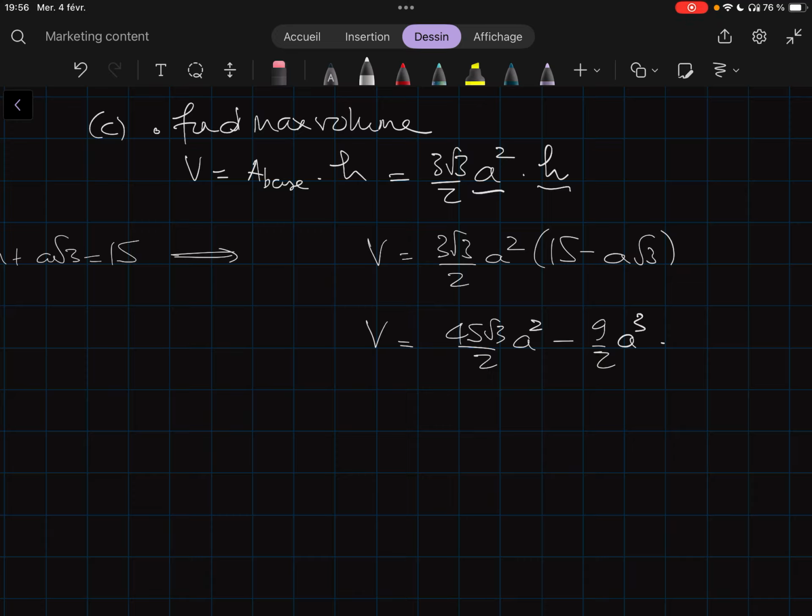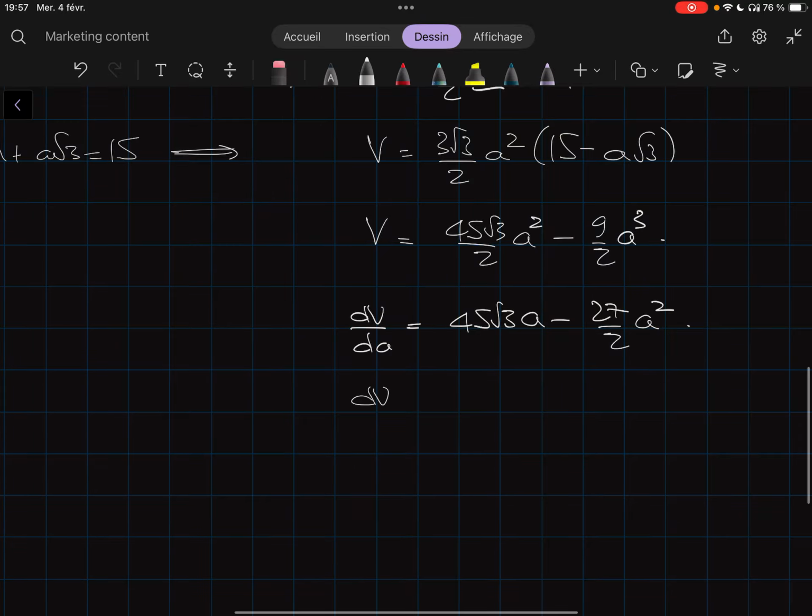How do we find the maximum? This one should be trivial. Differentiate V with respect to A. Set the derivative to 0.